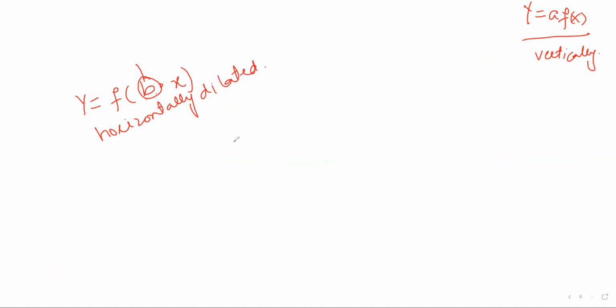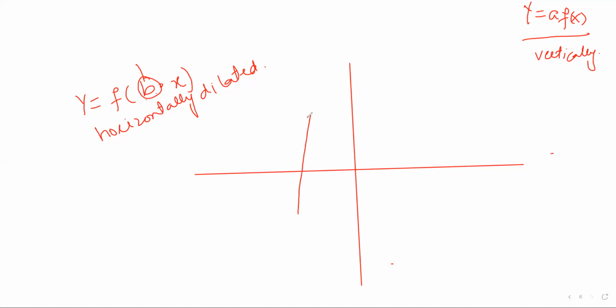The new graph will be horizontally dilated by b, or whatever the factor is. Do we have to plot again x and f of x?